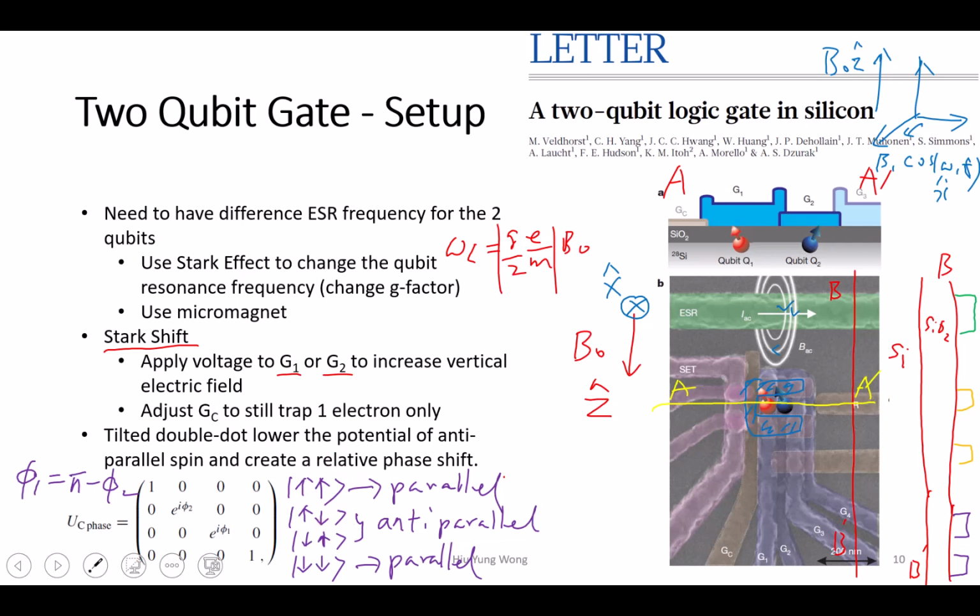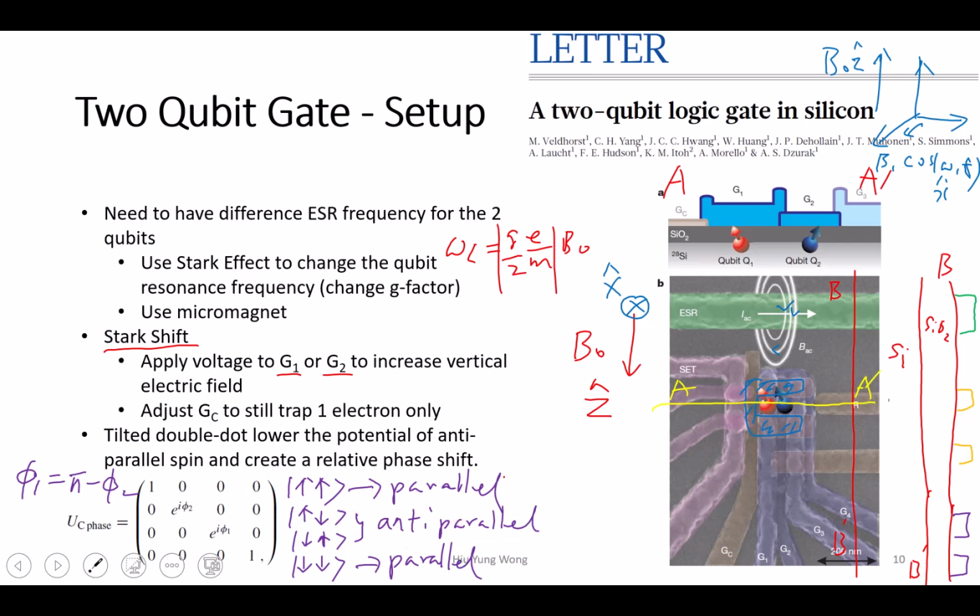Our goal is to come up with a Hamiltonian that will only cause a phase shift to the anti-parallel state. That is exactly what this gate is about. You apply it to a parallel state, do matrix multiplication, it's just identity. Apply it to the anti-parallel state, you shift the phase, changing it only by e to the power i phi. So that is the idea.